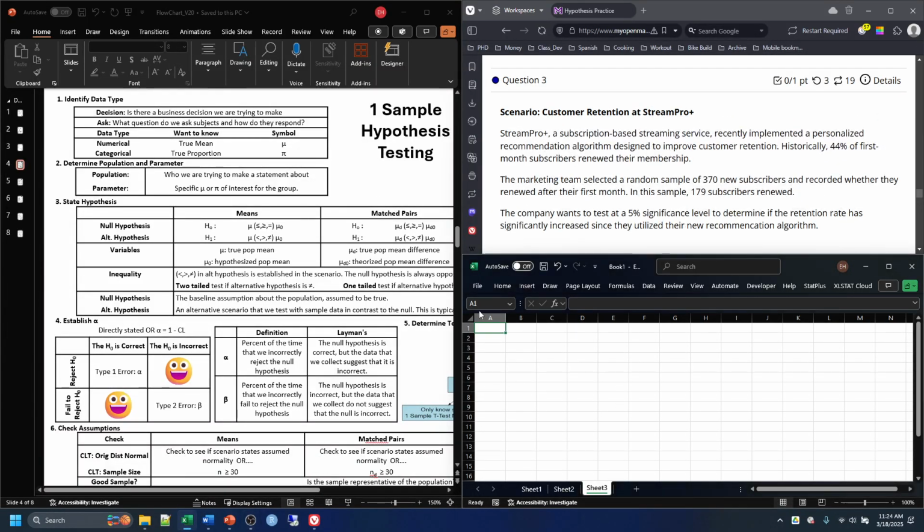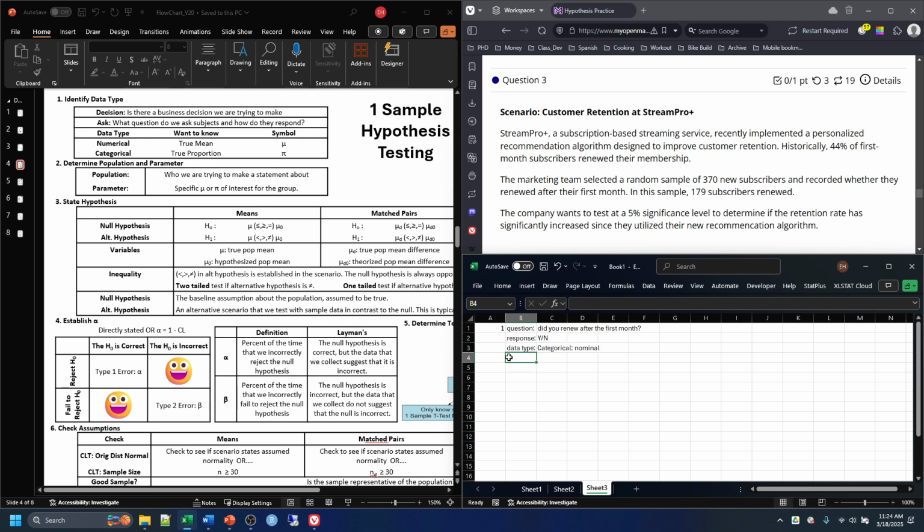So for our step one, what is our question? The question being asked is, did you renew after the first month? And the response is going to be yes or no. If it's yes or no, we know that the data type is categorical, and specifically, this is nominal.